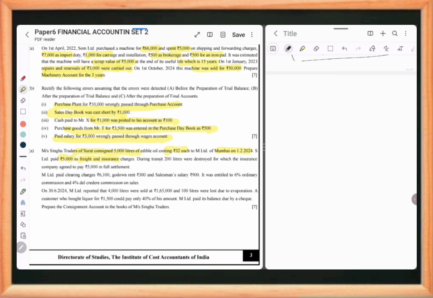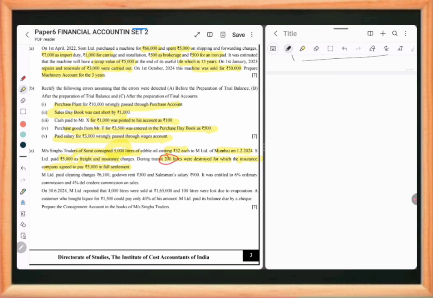And then during the transit, 200 liters were destroyed. So Singha Traders sent how many liters of consignment goods? 5,000 liters. Out of that, 200 liters was abnormal loss. So the remaining 4,800 liters are there. The insurance company agreed to pay rupees 5,000 in full settlement.